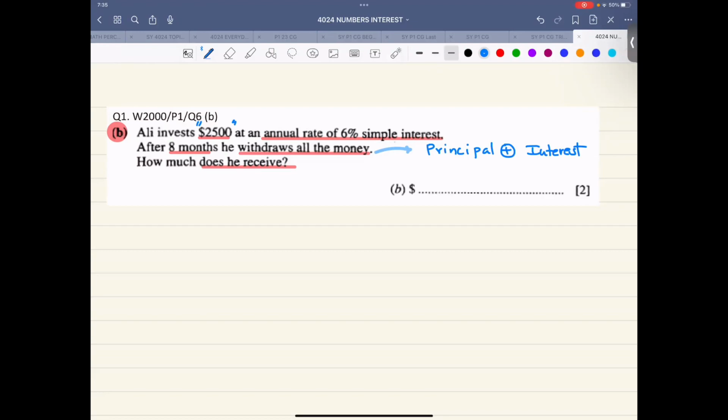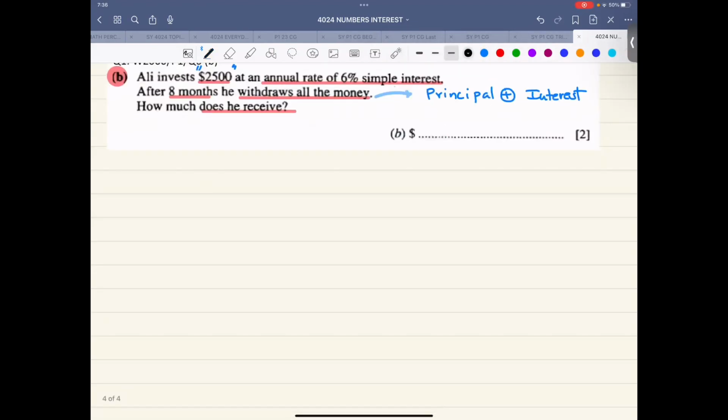So what we will do is use the formula I is equal to PRT over 100. Now the principal amount is $2,500. The rate of simple interest is 6% per annum, per year.